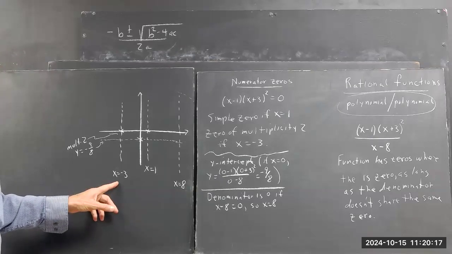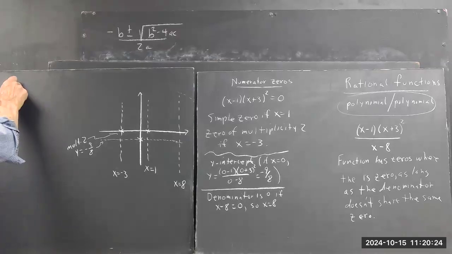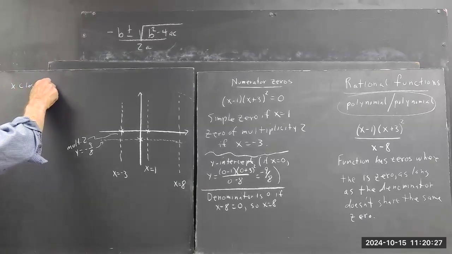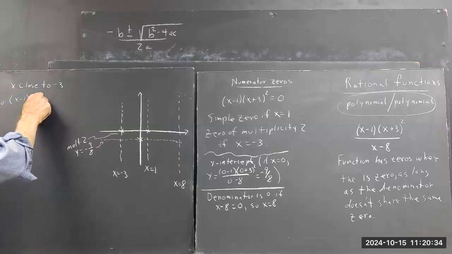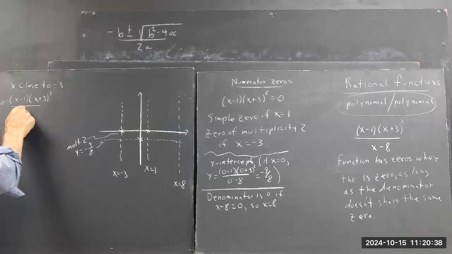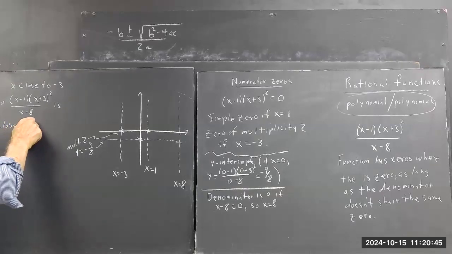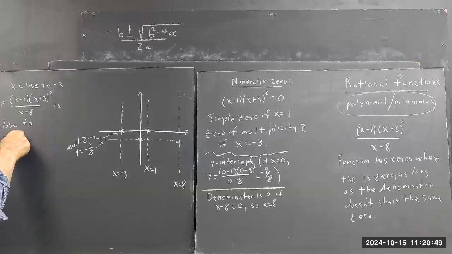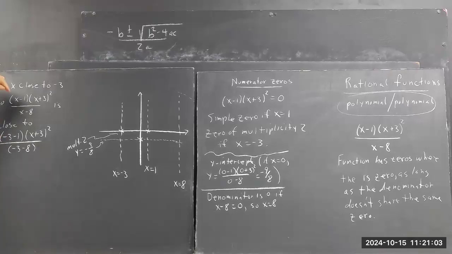If x is close to -3, I plug in -3 for every x except the one that gives us the 0.